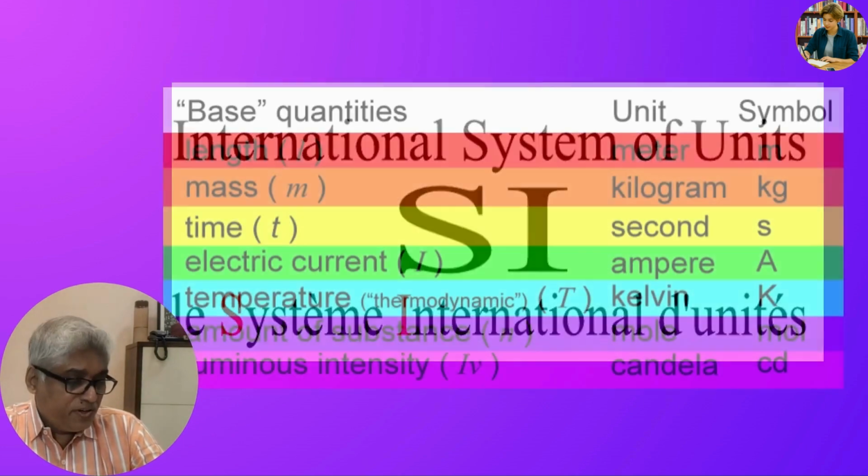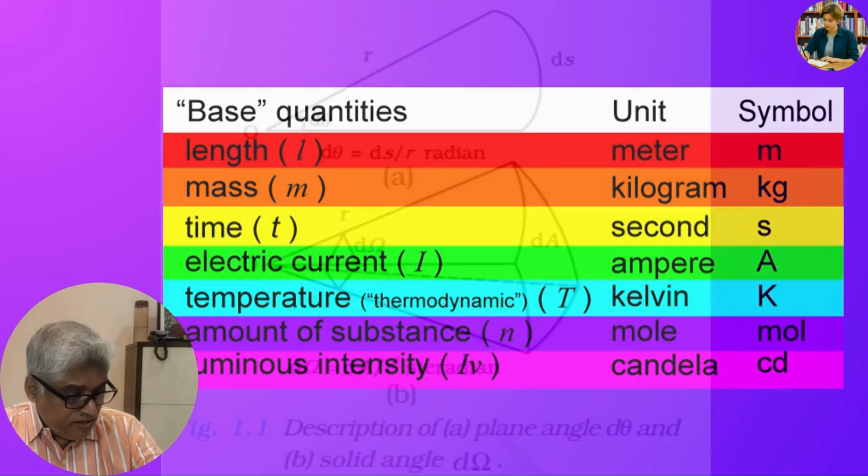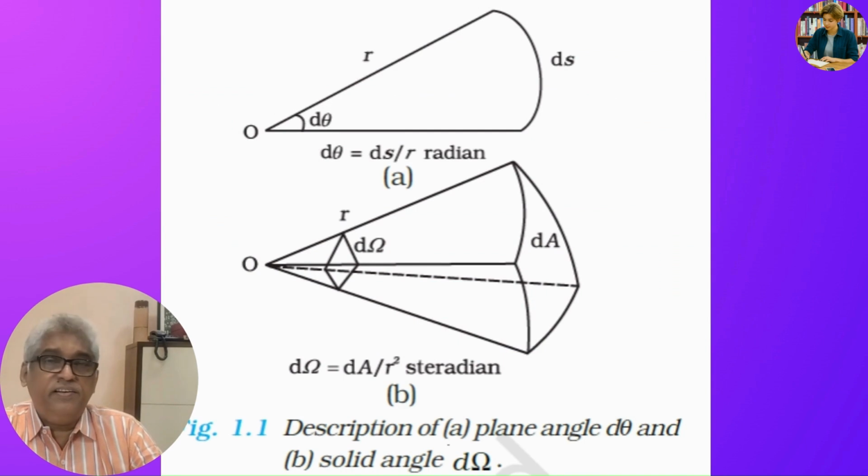And this system consists of some basic units. Now look at this diagram where you can see these units. These units are sufficient to express all physical quantities. Of course, along with this, for measurement of plane angle and solid angle, you need 2 more units, radian and steradian.